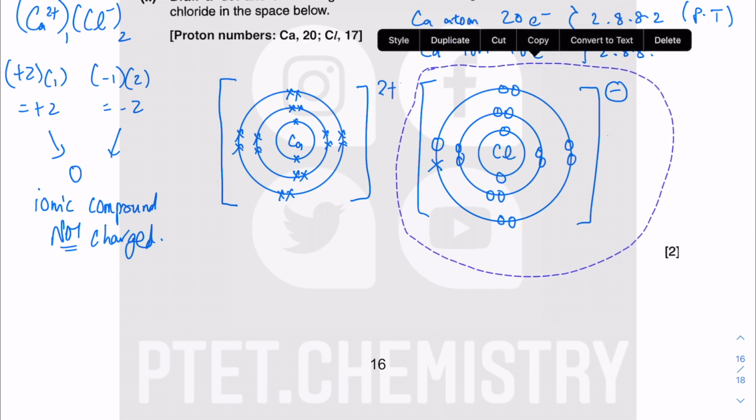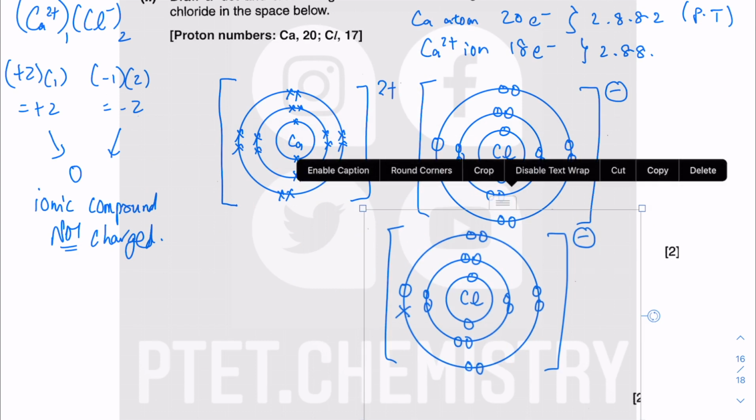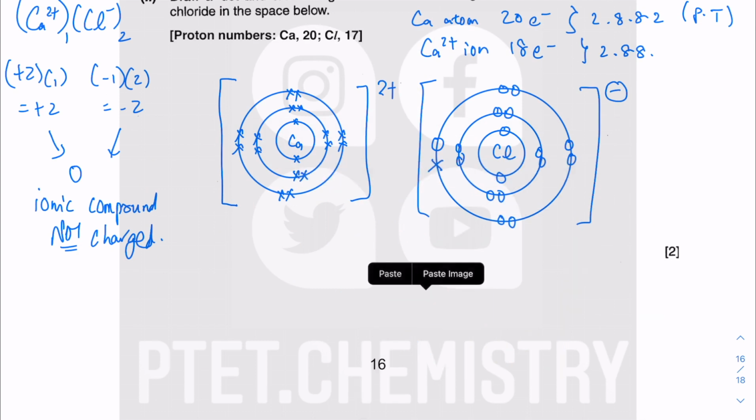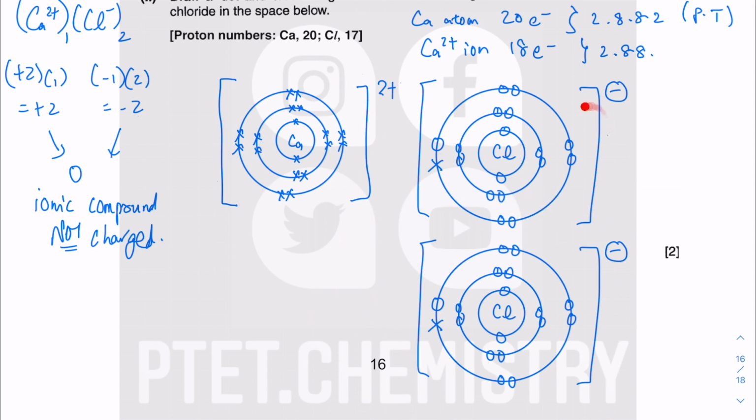you draw another one of these like this to show that one calcium balances out 2 of these, where 1 cross from calcium will go here and another cross will go to the other. It loses 2 electrons, 1 goes to each of the 2 chlorine atoms.